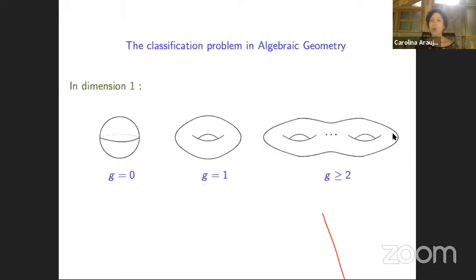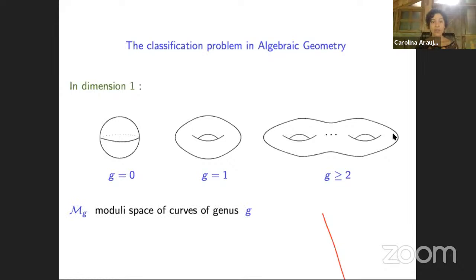First, in dimension 1, this was pretty much done by Riemann back in the 19th century. We classify our curves or Riemann surfaces according to a discrete invariant, in this case, the genus. So we fix the genus and then we put together all the Riemann surfaces or complex curves of genus g.